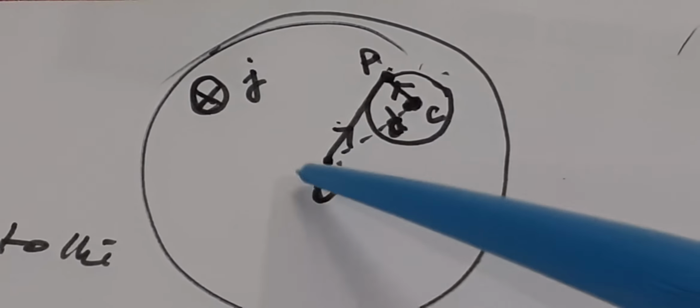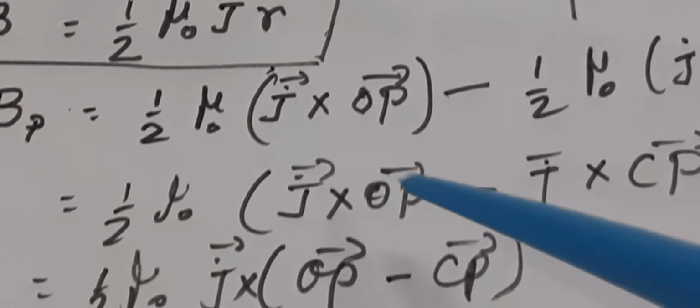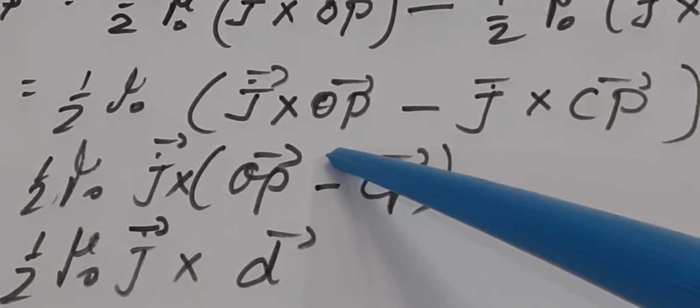That means we got this one. So OC will be coming here, that means D vector will come.